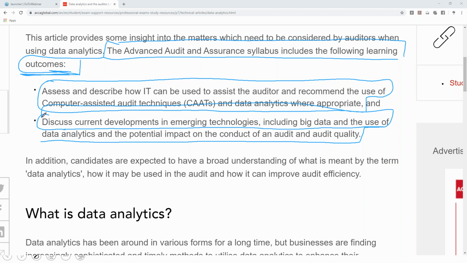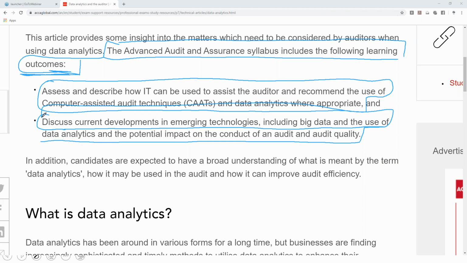We know big data is already part of many papers in ACCA, including the Strategic Business Leader exams, including big data and the use of data analytics. So you should know the emerging technologies like big data and the use of data analytics and how they impact the audit quality. And we know the examiner tests knowledge, right?